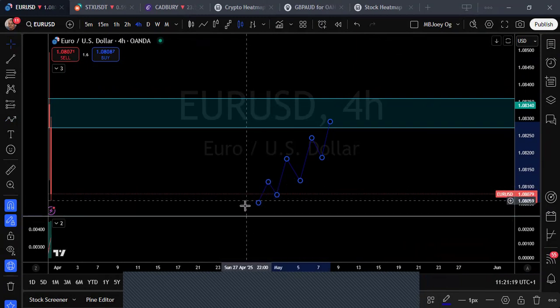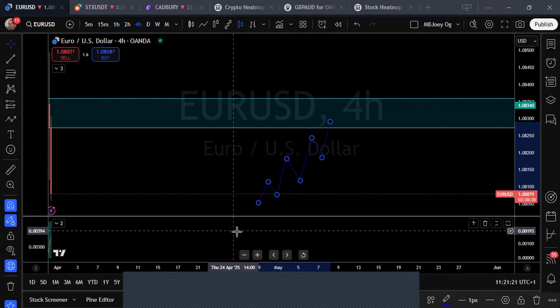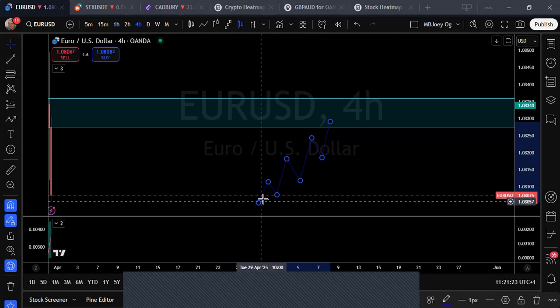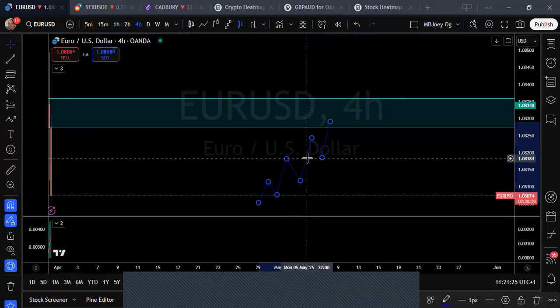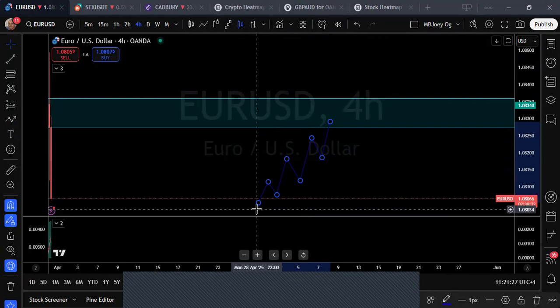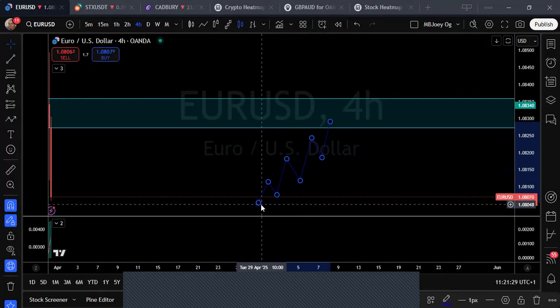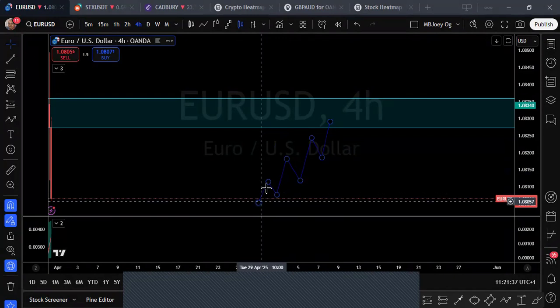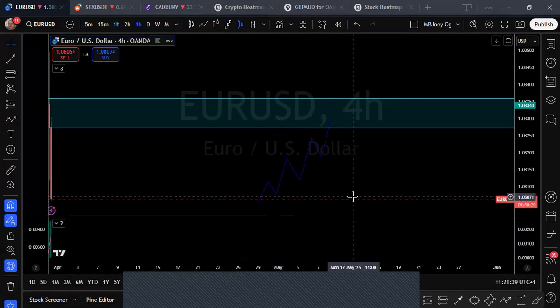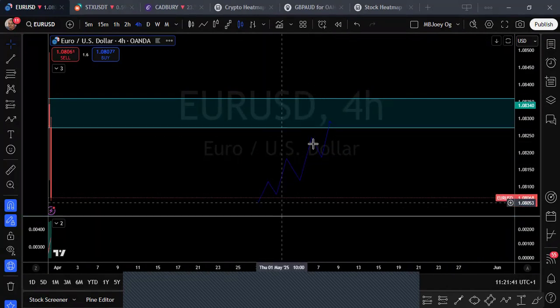But now we are talking about a trending market. How to know if market is trending. If a market is trending, there are two types of trends. It's either trending upward or it is trending downward. If market is trending upward, it would be doing something like this. Can we see this blue line?